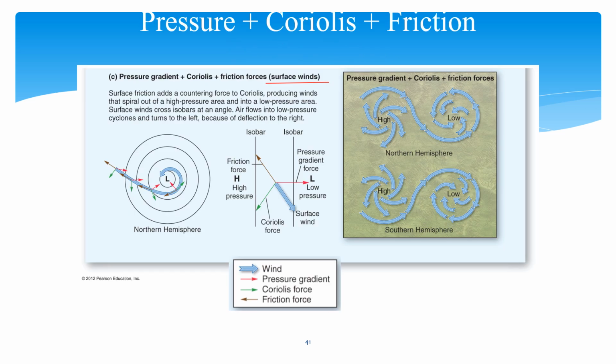So what happens when we combine all 3 of these forces or effects: the pressure gradient force, the Coriolis force, and friction? This is where we start to get the spiraling spin, the movement we see on high and low pressure systems on a map. So that surface friction, when air encounters the Earth's surface, counters the Coriolis force.